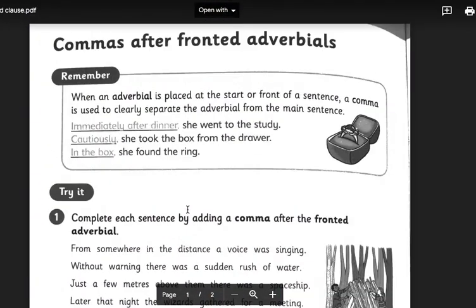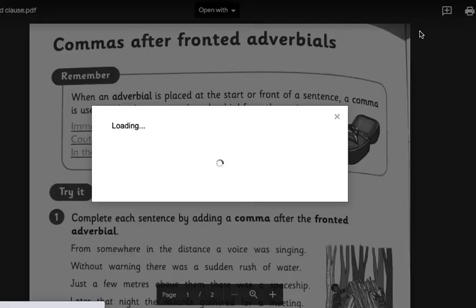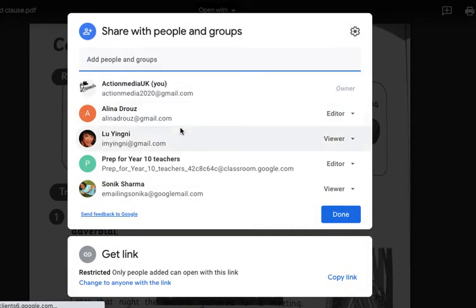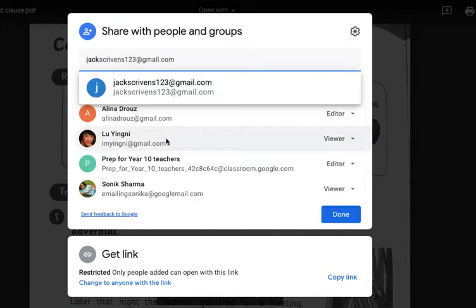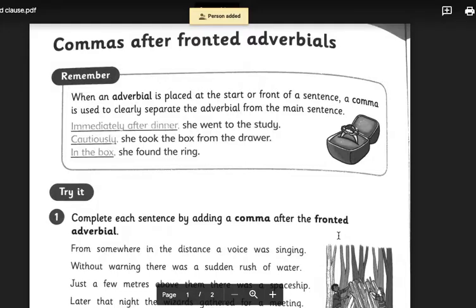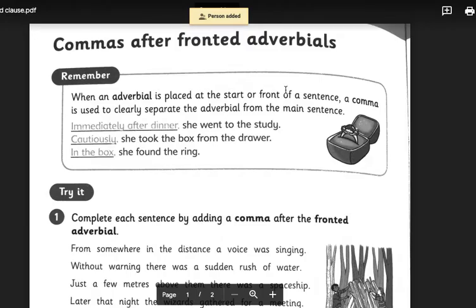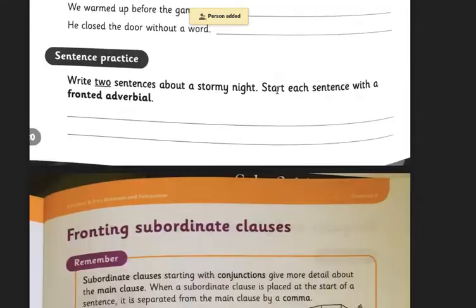So I'm just going to share this with you. Okay. Share. I just want to do that worksheet. Jack. Okay. So there we are. There's the worksheet. Send. Commas after fronted adverbials. And the other one.